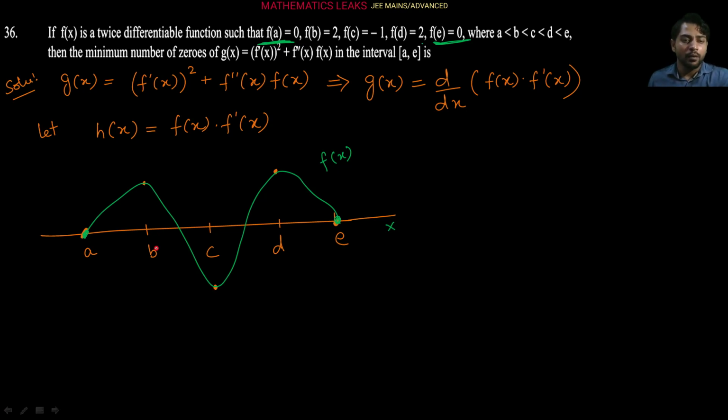But at point b the functional value is positive, and at point c it is negative, and f(x) is twice differentiable, which means it is continuous. So going from positive to negative, it will definitely intersect the x-axis once.